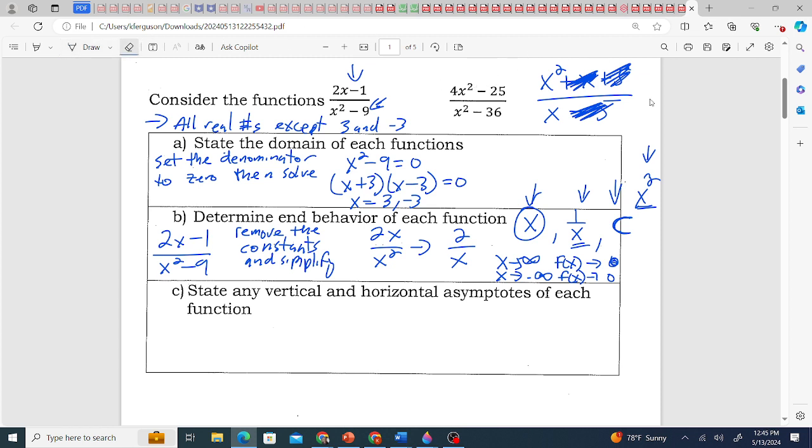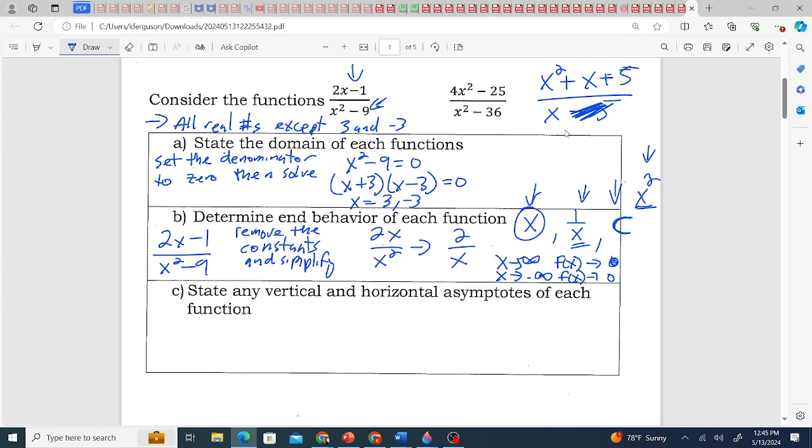But if you're looking at some situation like this, consider the function. Think about this thing in relationship to these three things.